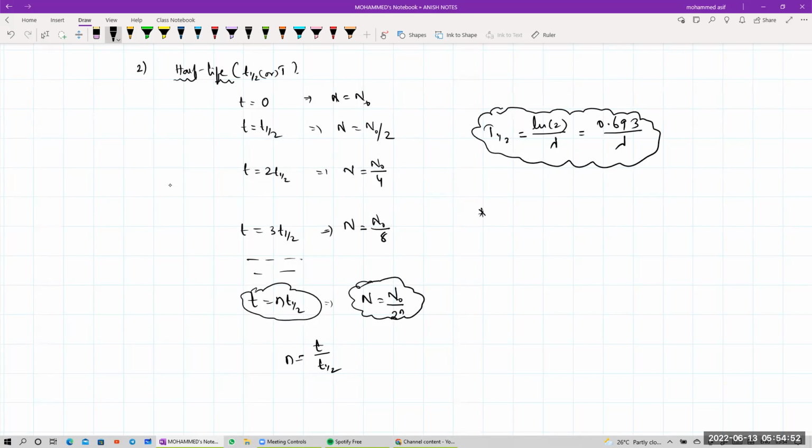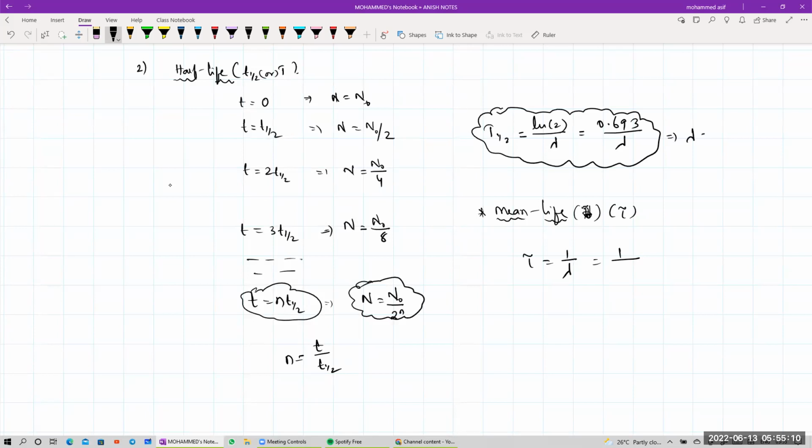And one more important term is mean life. Mean life is the average life time of the nuclei, represented by the letter tau. So tau is the reciprocal of the decay constant, that is 1 by lambda.